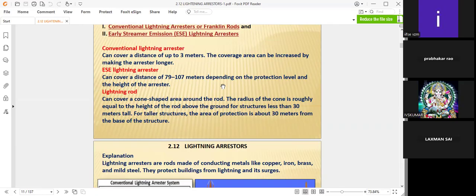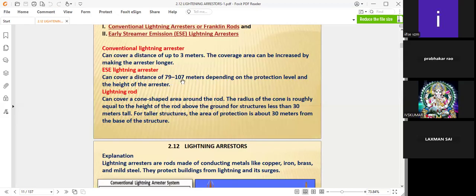That means the number of lightning arresters in the organization will be less. For organizations, ESE lightning arresters are suggested, and depending on the distance decided by the organization, we select the arrester.